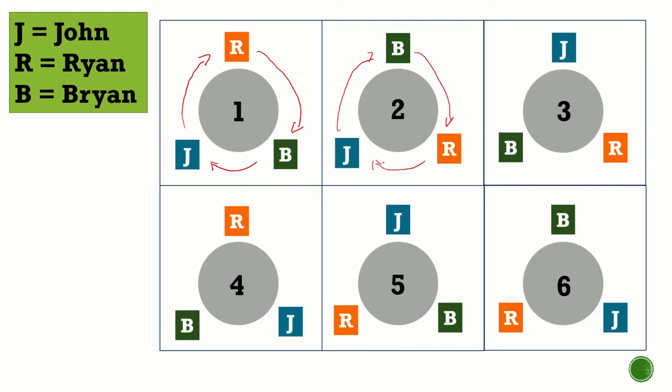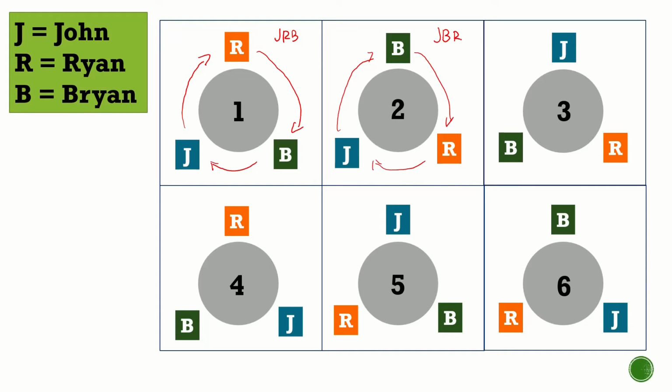So let's try the third arrangement. I want you to look at the J first, and then the R, and then the B. I'm going to write here first just to make sure we are following the arrangement. Here, the arrangement is John, Ryan, and Brian, and here it's John, Brian, and Ryan.